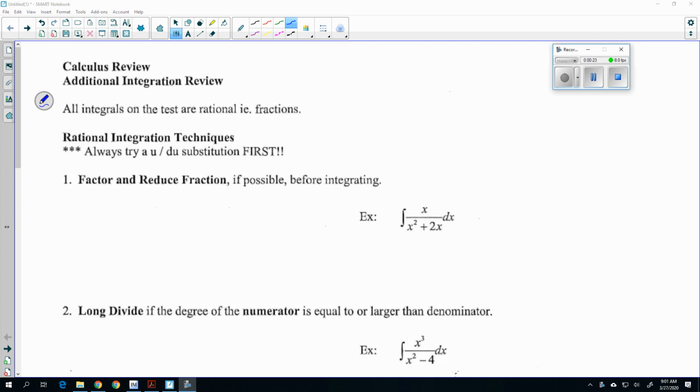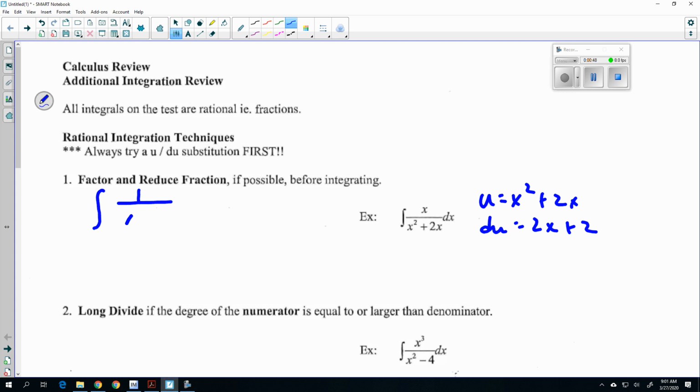So if I'm looking at the first problem, I can see my u and my du will not match. So you can try it. If I pick my u to be x squared plus 2x, I can't subtract 2. Remember, you're multiplying by the width, and so I can't have this add 2 on there. So when I look at the fraction, it looks like I can reduce it by x.